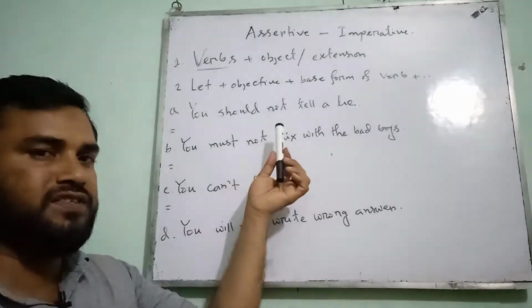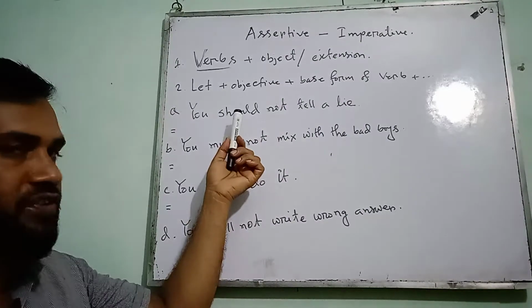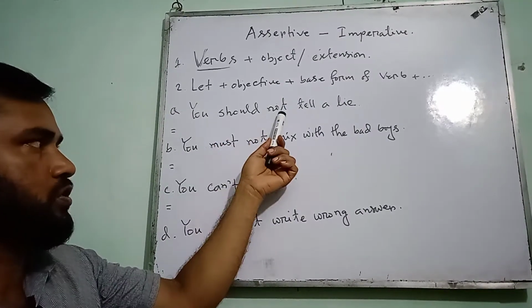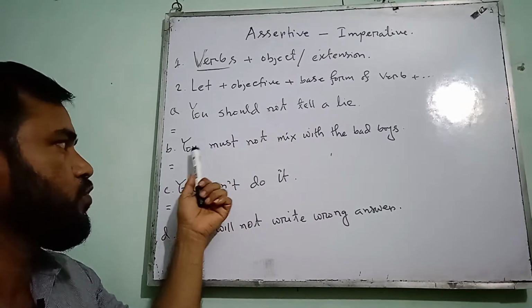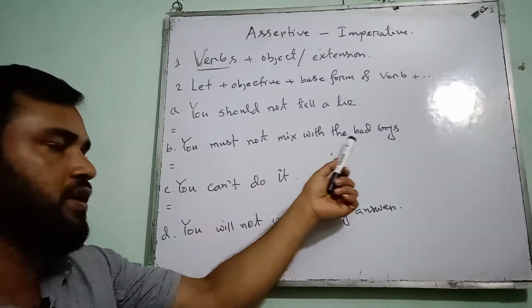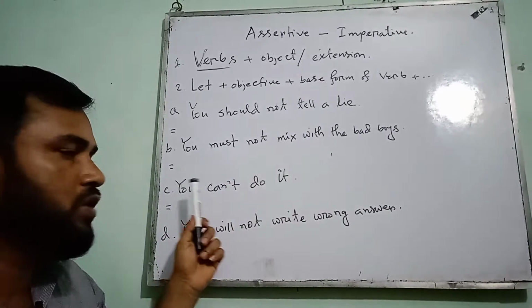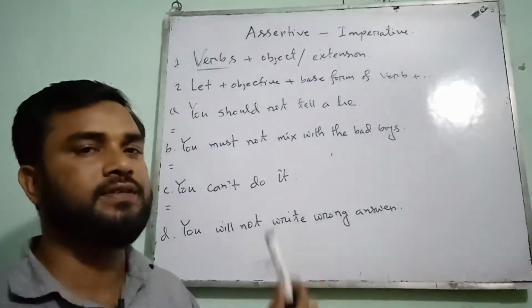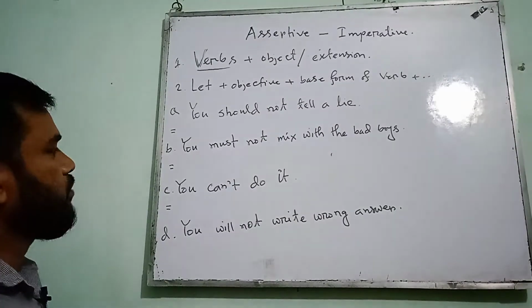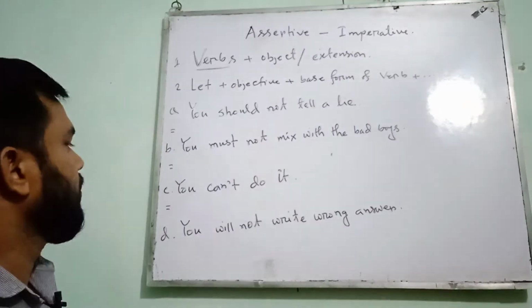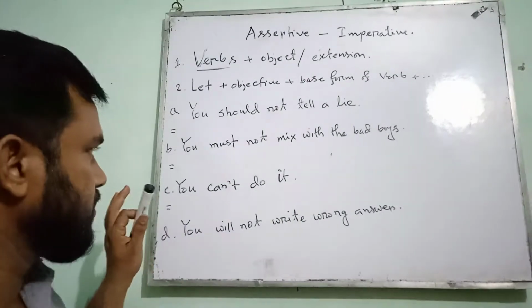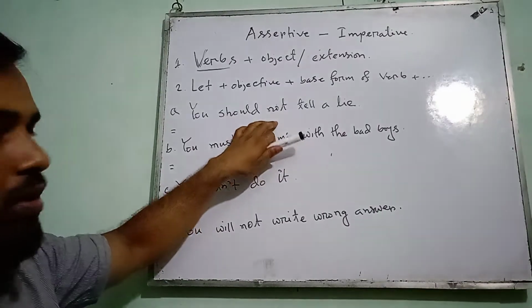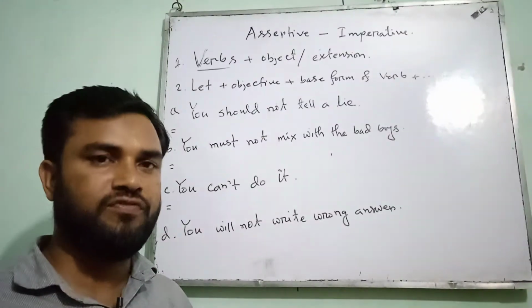Here these sentences are in negative form, negative sentences. You should not tell a lie. You must not mix with the bad boys. You can't do it. You will not write wrong answer. So we can see that each of the 4 sentences contains the negative word not, or all the sentences are in negative form.